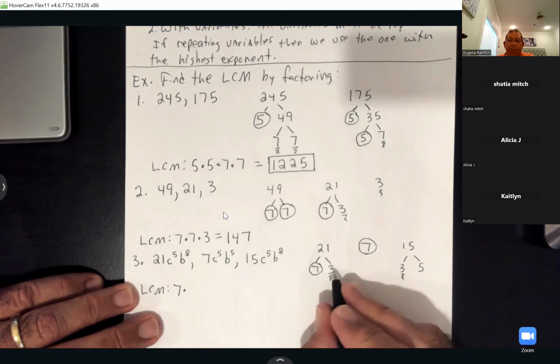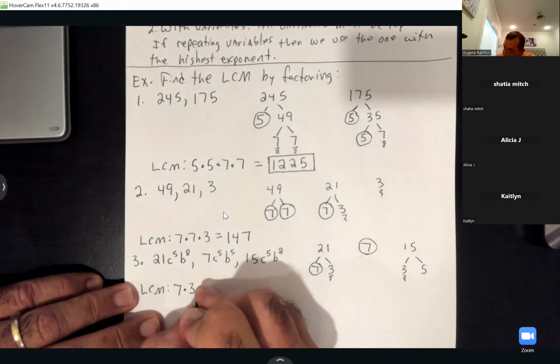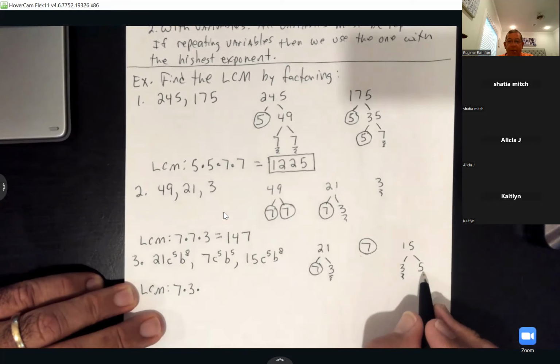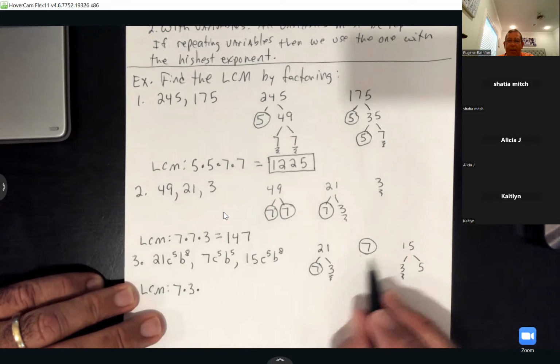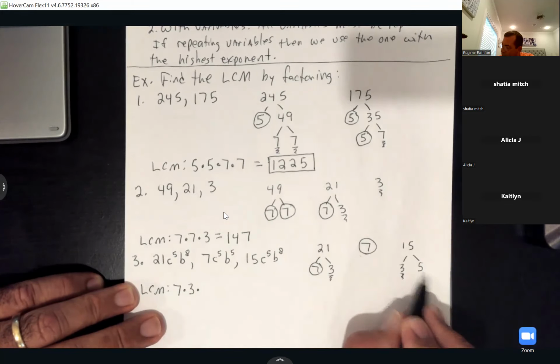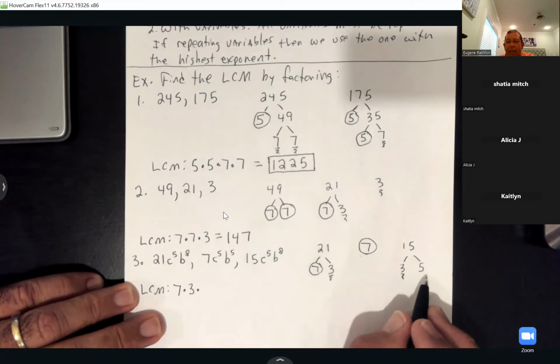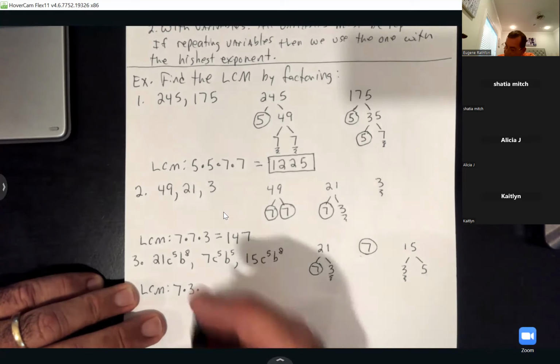The most it happens is one time in any of my numbers. And then y'all, the last number would be the 5. Remember, all factors have to be represented. And the 5 only happens once in this one, none in the other two numbers. So the most that the 5 happens is one time.